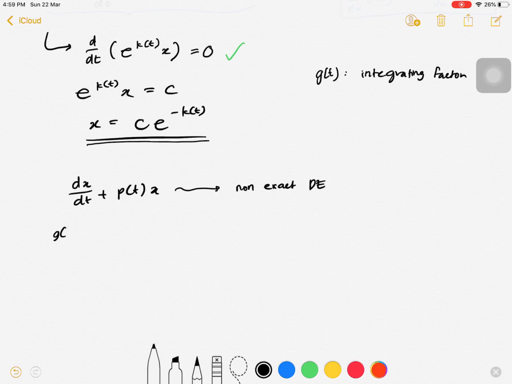But when we put g(t), g(t) dx/dt plus g(t) p x, this will be an exact differential equation. Okay.